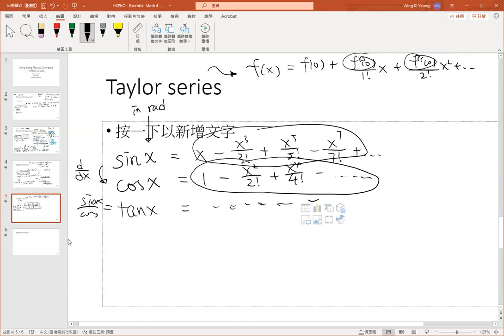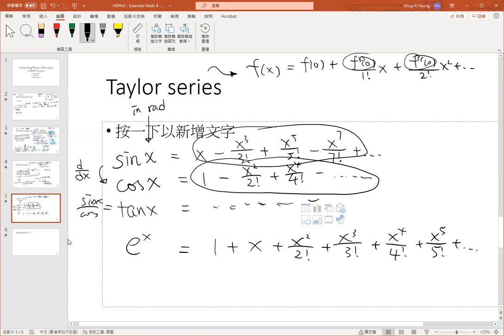We just need to learn one more Taylor series. That is exponential x, and so on. So this is the exponential x. You have seen this e before, I think, in the last lesson.